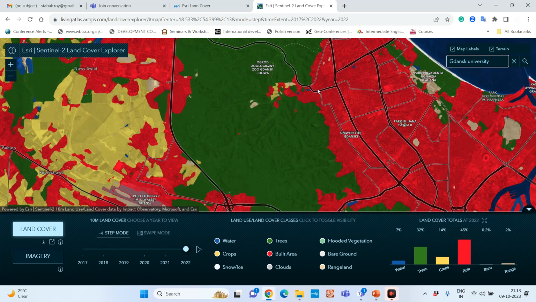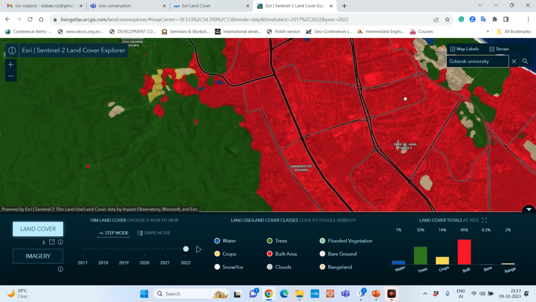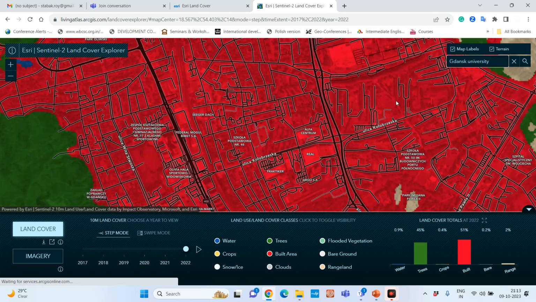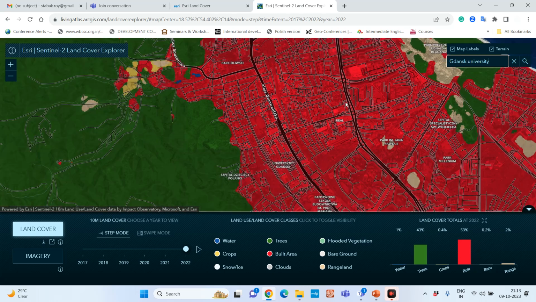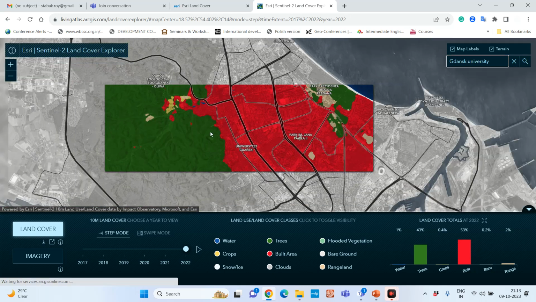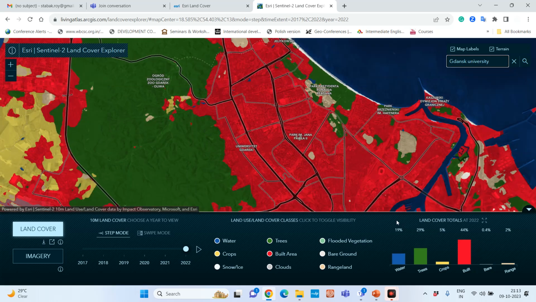Because this is 10 meter data, if we zoom in much more, it is not able to distinguish other particular things, and all are considered built up area. If we use drone data, you can also classify small areas and small regions. We can classify a little bigger area here, because this is free 10-meter data.